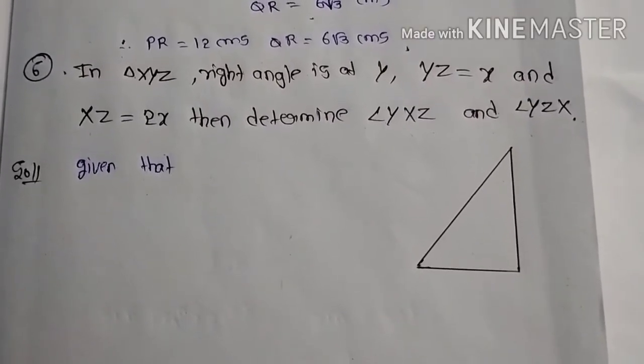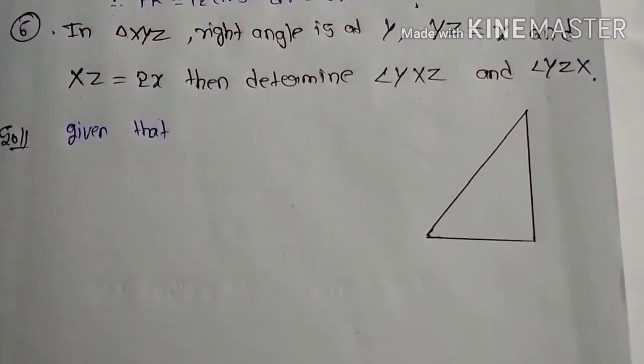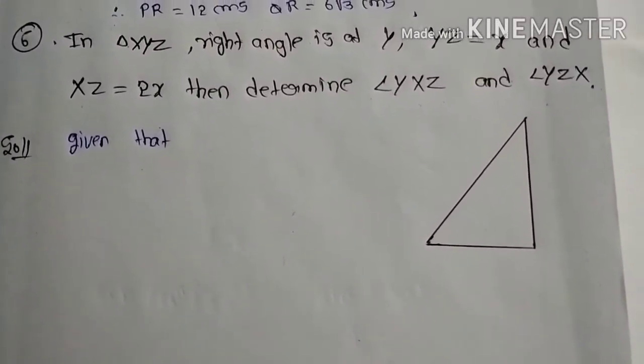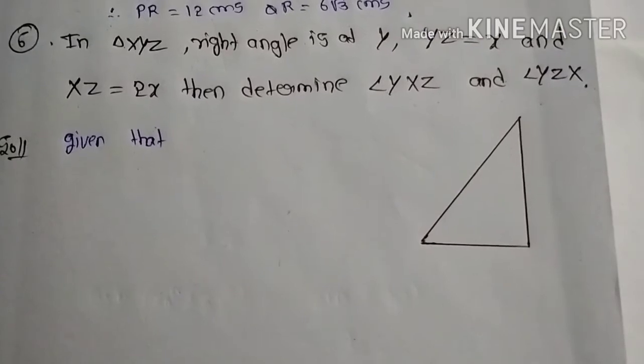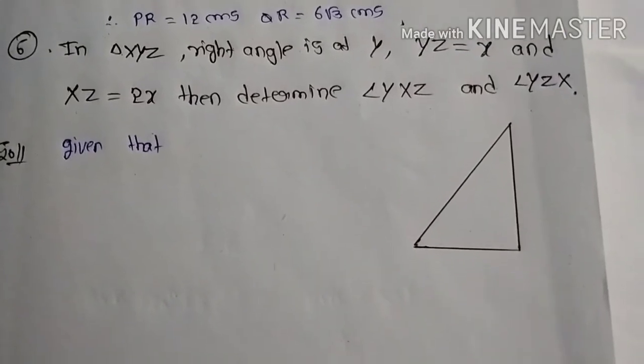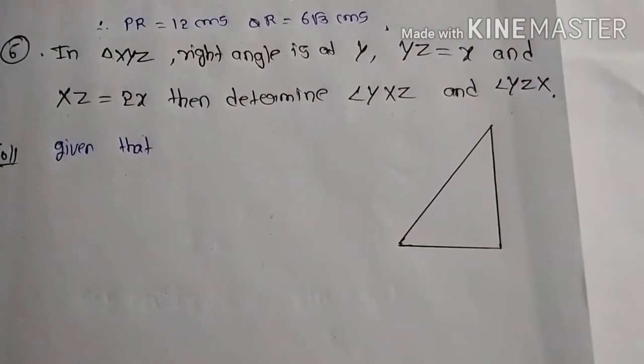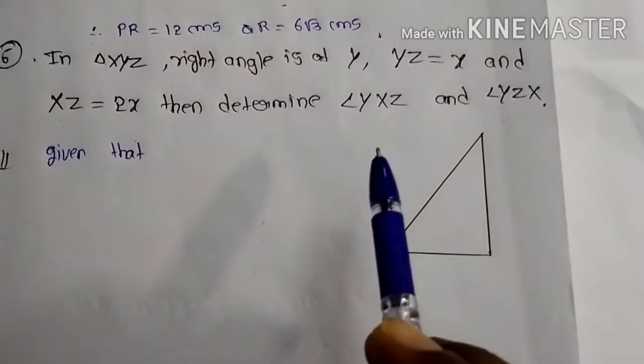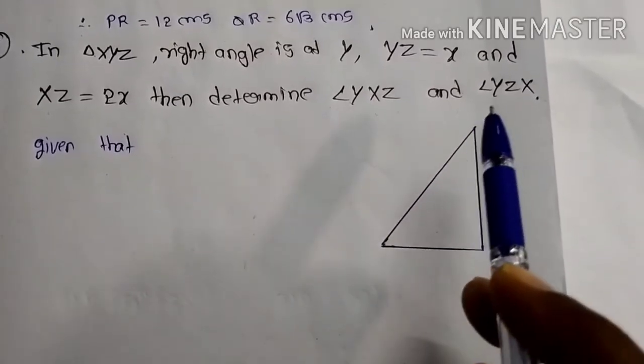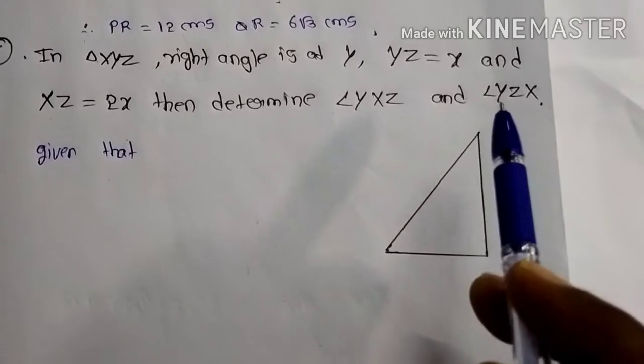See here, question number 6. In triangle XYZ, right angle is at Y. YZ is equal to small x and XZ is equal to 2x. Then determine angle YXZ and angle YZX. Once again, read the question.